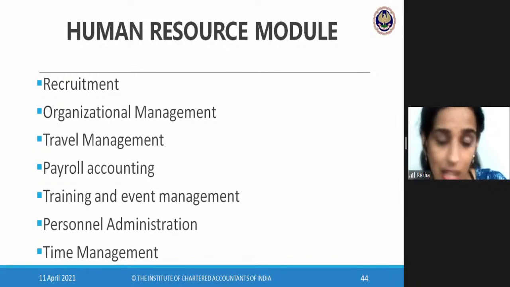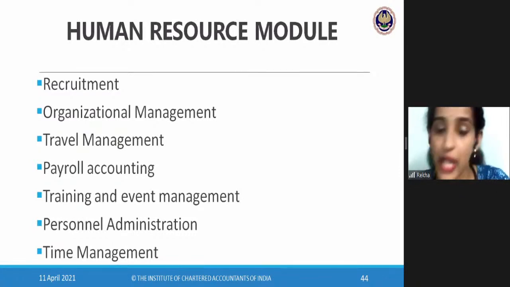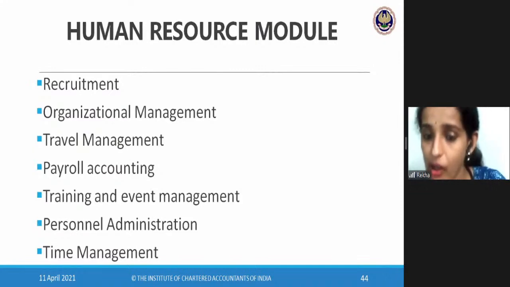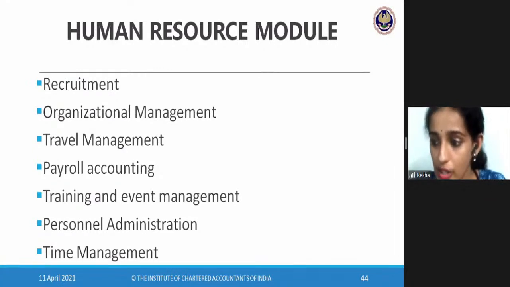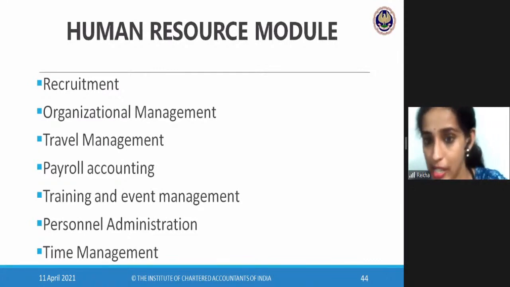Three months they have to intimate the company beforehand that they are going to leave. If they have not served the notice period, or certain companies will have a bond, right? One year you have to stay with the company, else you have to pay this much amount to the company. If they are breaking the bond, how it will be dealt with? All this will be dealt with by the HR module. So the human resource module is not only for payroll computation, it also deals with your recruitment, training, time management aspects, and travel.